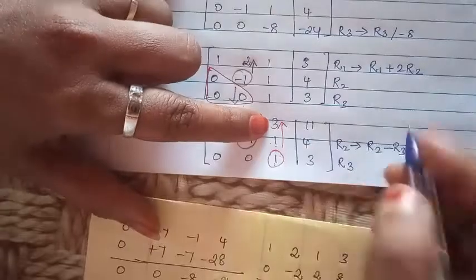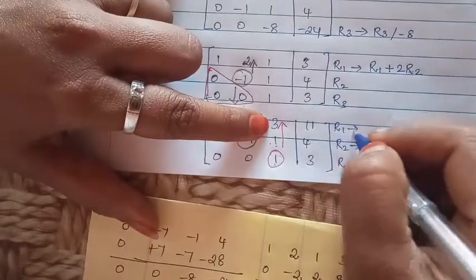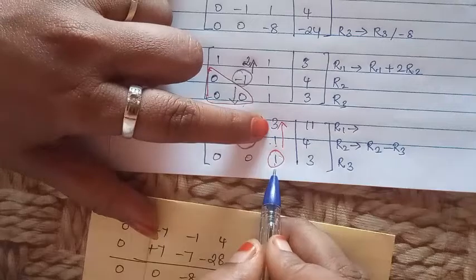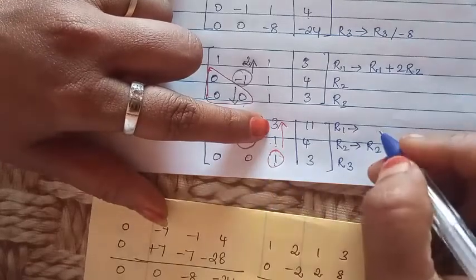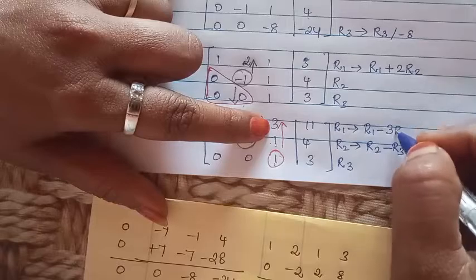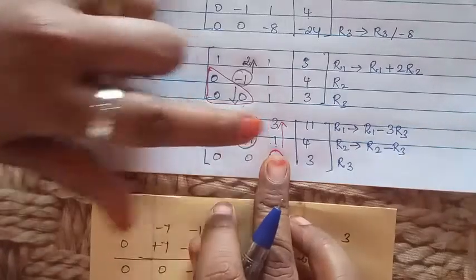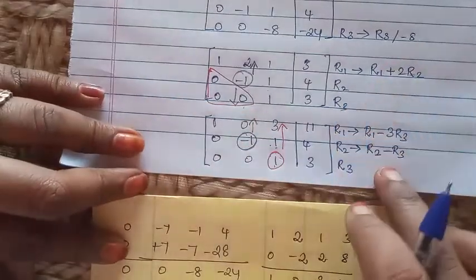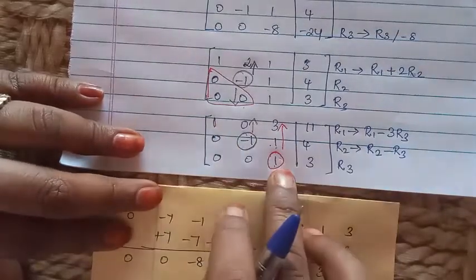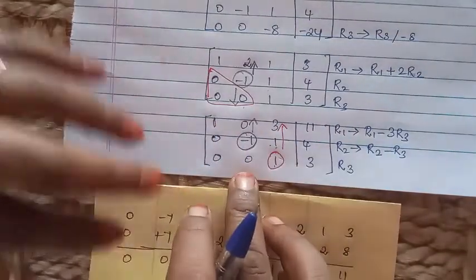Next we have to make this 0. So how can you change it? When you multiply the diagonal element with 3 and subtract it, you will get 0. So R1 minus 3 times R3. As I said already, whenever you perform these operations, perform them with respect to the diagonal element, so that it will not change the remaining values in the matrix.